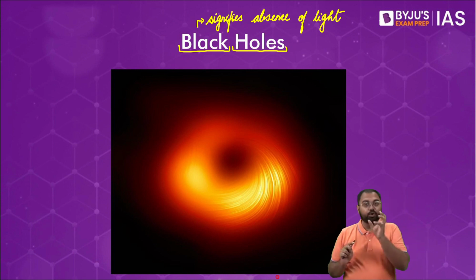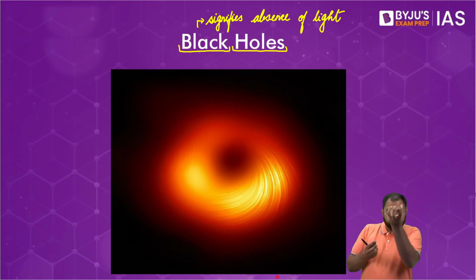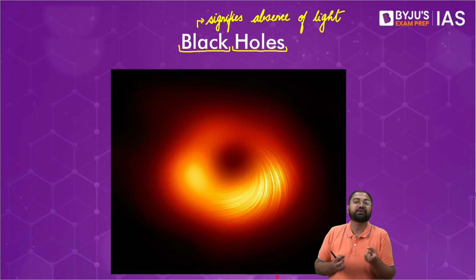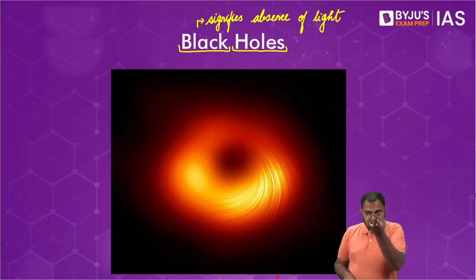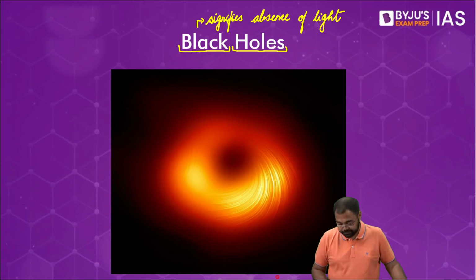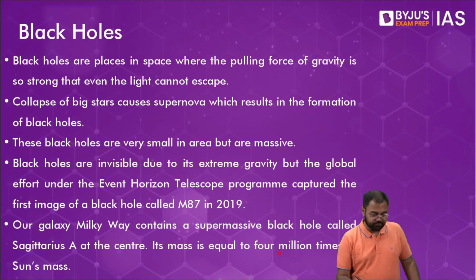That is why hole is the term we are using. It's like a well, and it pulls everything towards its center. Its center has a very, very strong gravitational pull, and that's why anything that has mass in the vicinity will be pulled by the black hole.